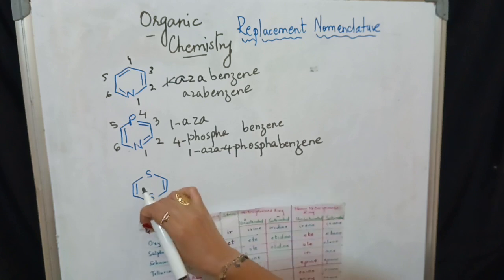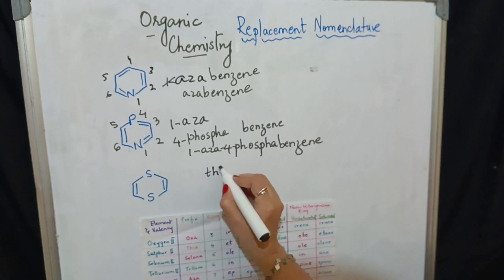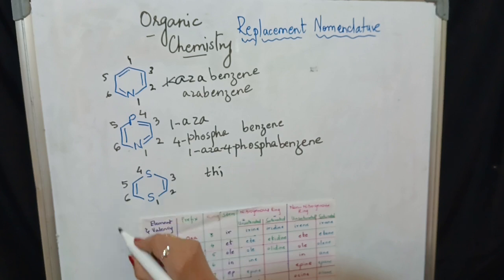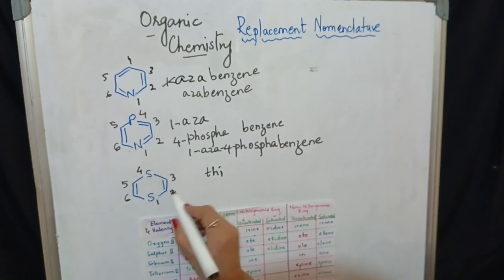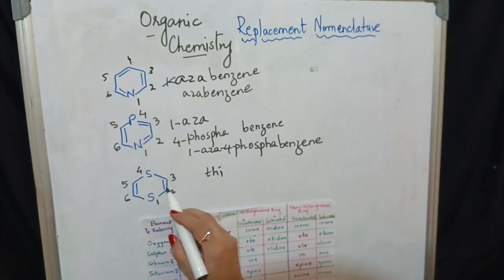Let us see this one. S is given as thia. Let us do the numbering starting from here. 1, 2, 6. It is a 6-membered ring, but it does not have alternately present double bonds. Therefore, it contains only 2 double bonds and it is a cyclic compound.